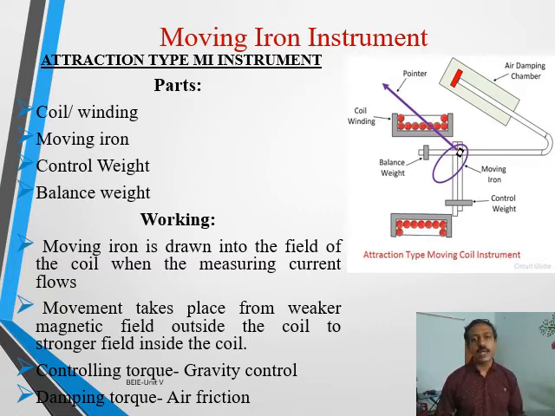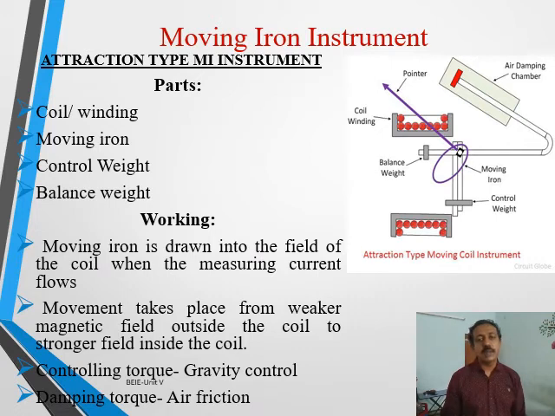Next is the working. The moving iron is drawn into the field of the coil when the measuring current flows. When the measuring current flows through the coil or winding, it gets magnetized and it will attract the flat moving disc towards the coil, which makes the pointer show the deflection.